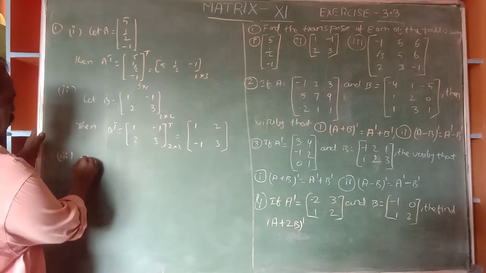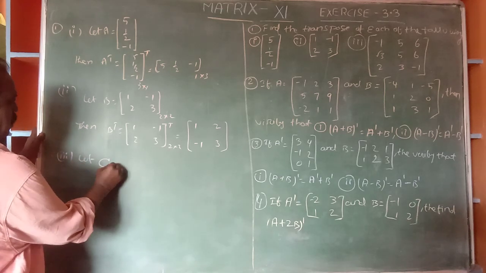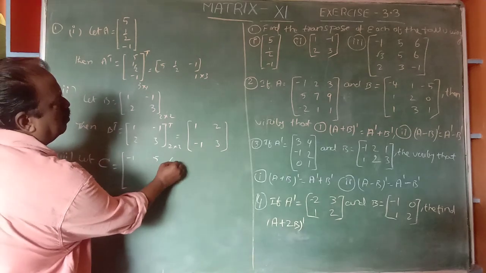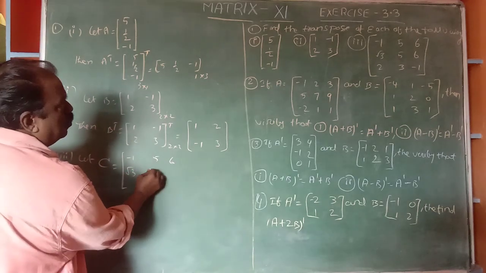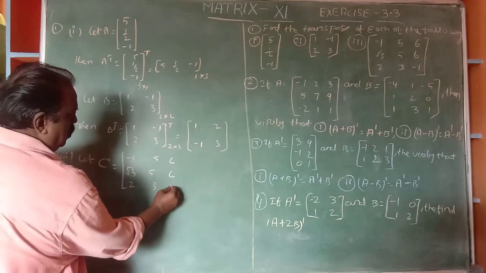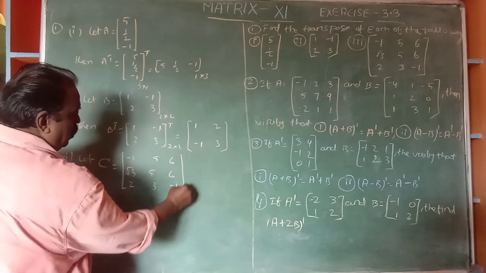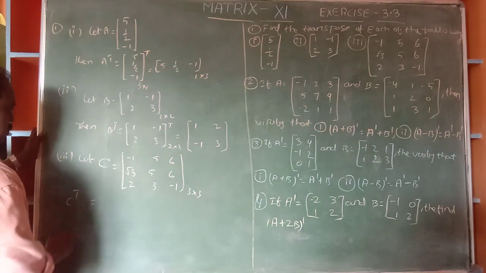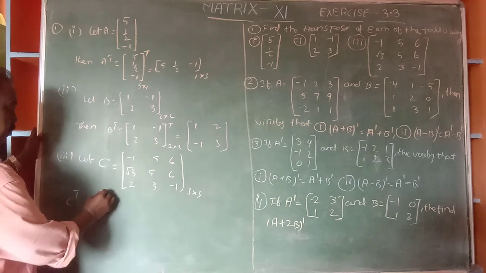The third one: let capital C be a 3 by 3 matrix, minus 1, 5, 6; root 3, 5, 6; 3, 2, 3, minus 1. Now C transpose, C dash.